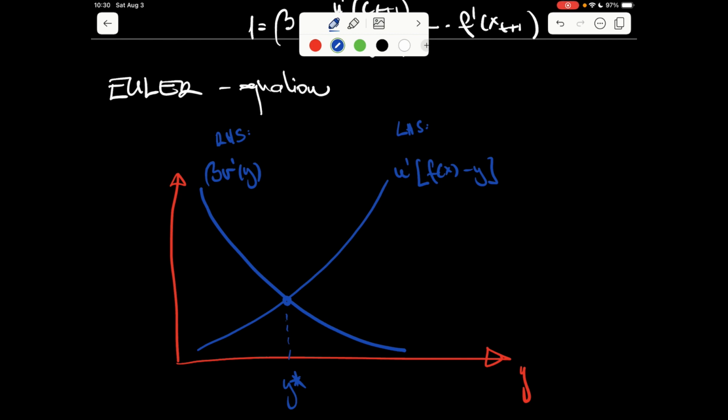We will use this figure to characterize the policy function, which describes the reaction of the agent to any changes in the state, in the capital stock. So if a capital stock is higher, so instead of x, this is x prime, a higher capital stock, you can see that the optimum solution is also higher.